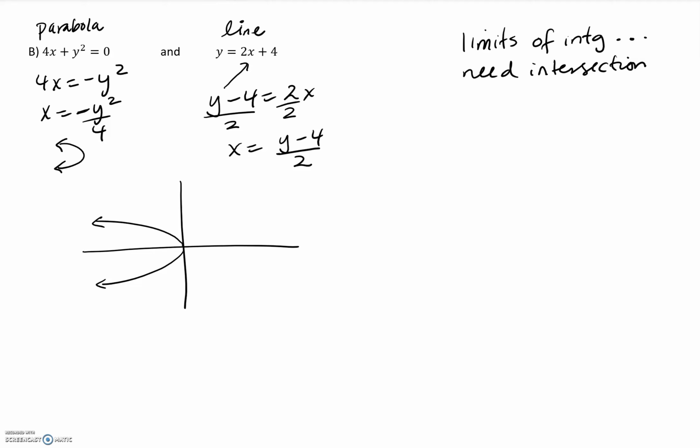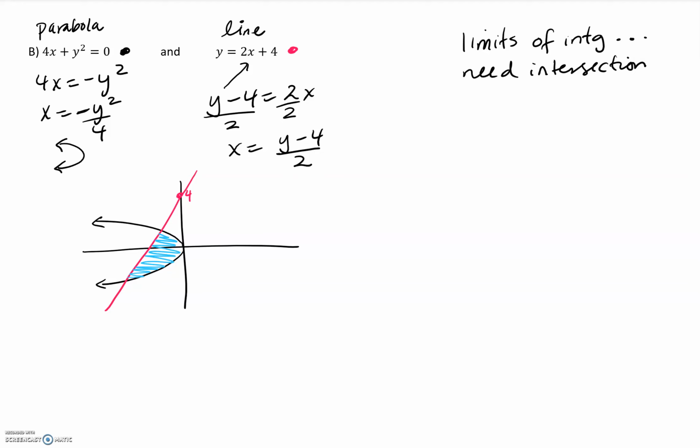Let's do this one in black, and we'll do this guy in red so we can distinguish top and bottom. That has a y-intercept of 4 and a slope that's positive, so it'll look something like that. So the area bounded is right here.